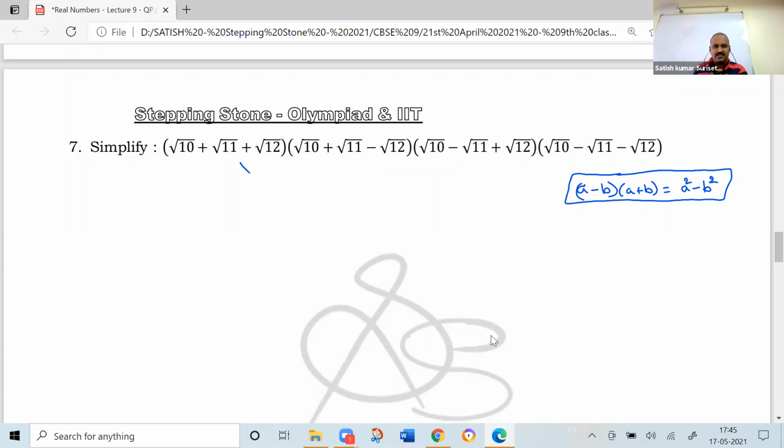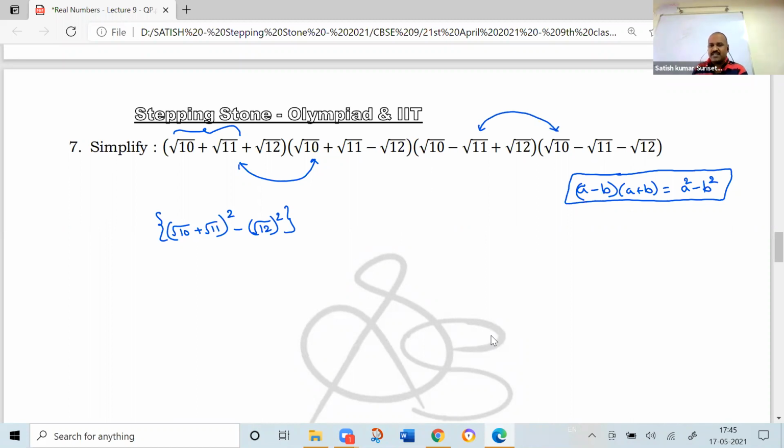Check these two. Are they in the form of a plus b into a minus b? If I consider root 10 plus root 11 as a and root 12 as b, then this will be a plus b into a minus b. So it will be (root 10 plus root 11) whole square minus (root 12) whole square. Next, again in these two, check here also, is it possible to write in the form of a minus b into a plus b?